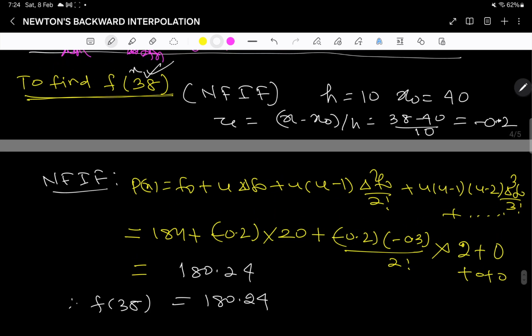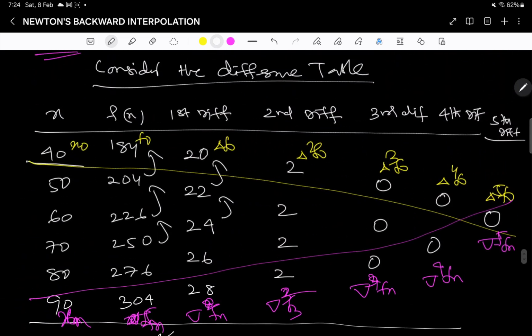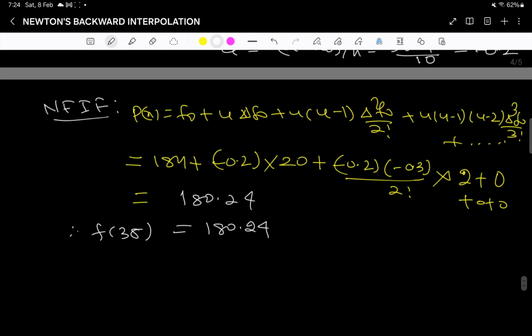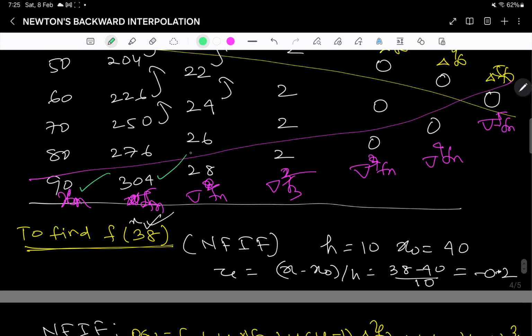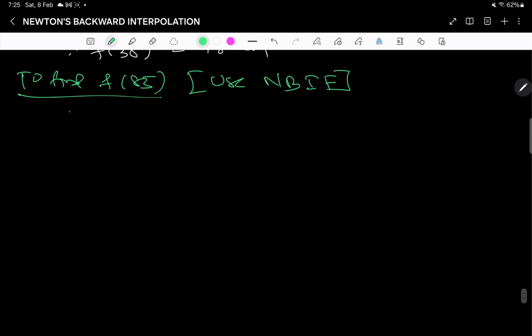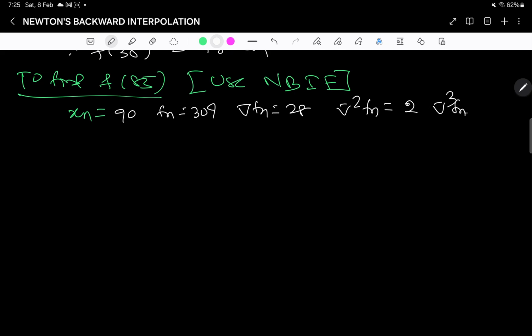Now for this f of 85 we have to use the backward difference. Now to find f of 85, from the table I write xn, del fn and so on. So my xn here is 90, my fn is 304, my del fn is 28, my del square fn is 2, and my del cube fn, del fourth fn, and del 5 fn are all 0.